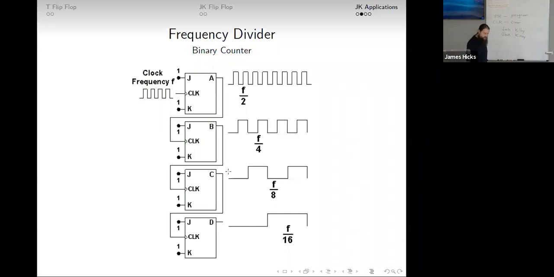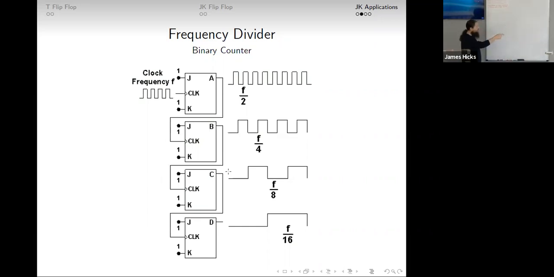If you can make a toggle gate, you can use that JK-based toggle gate to make a frequency divider. It's the same thing as before.